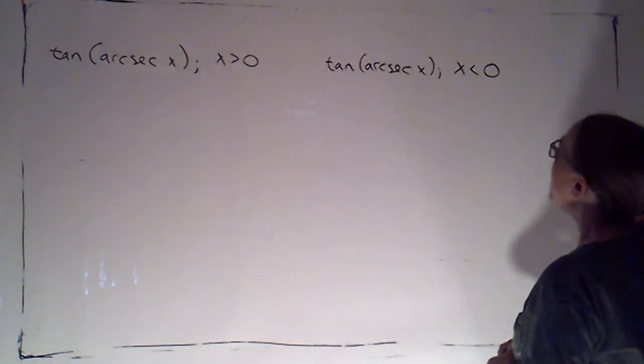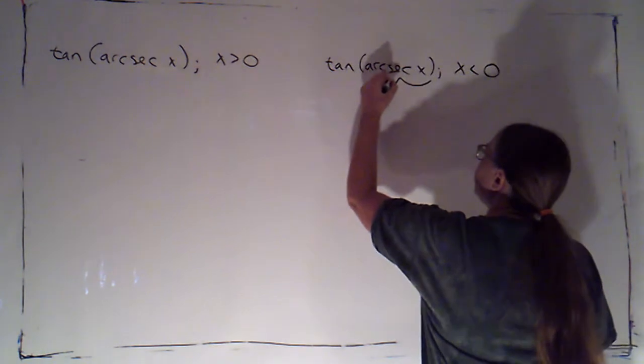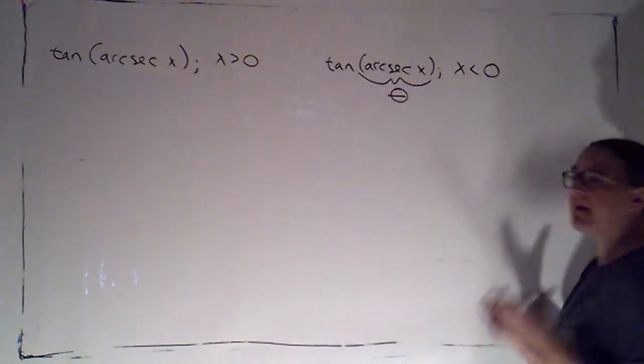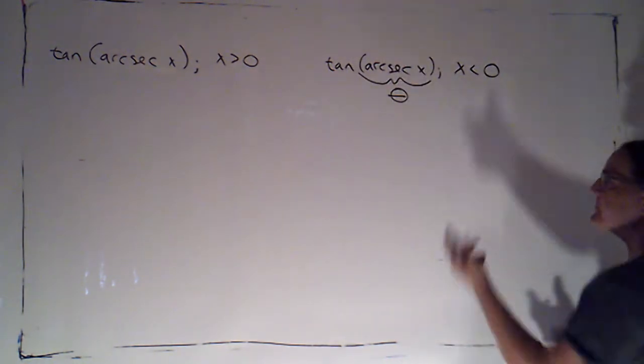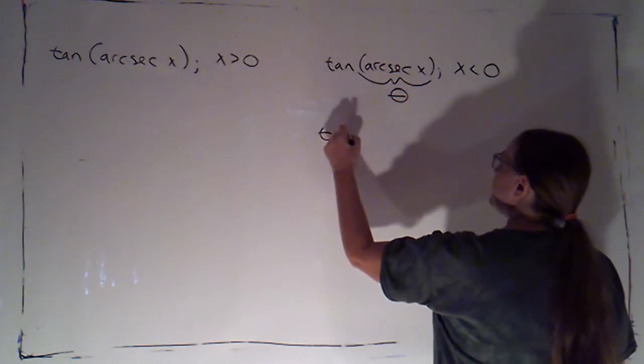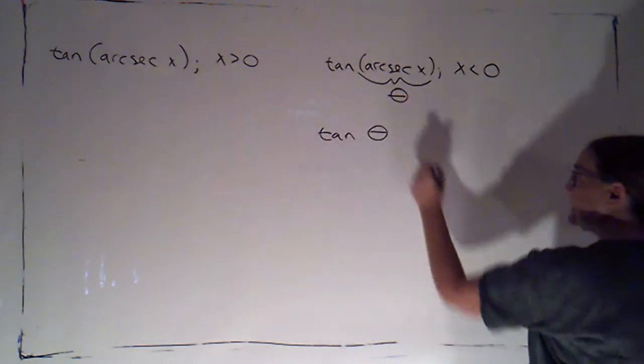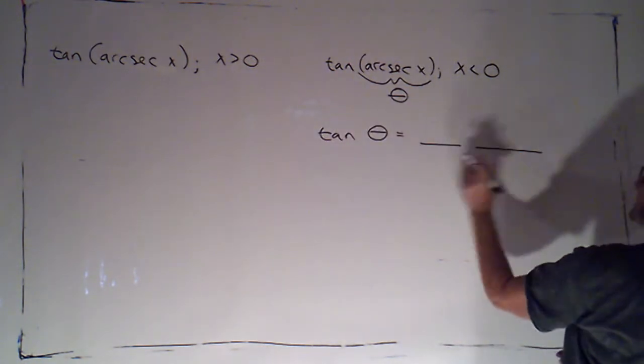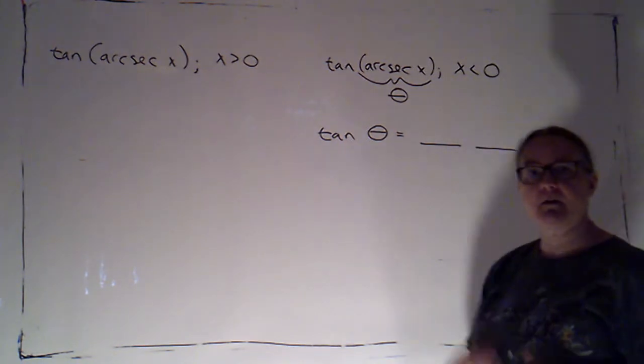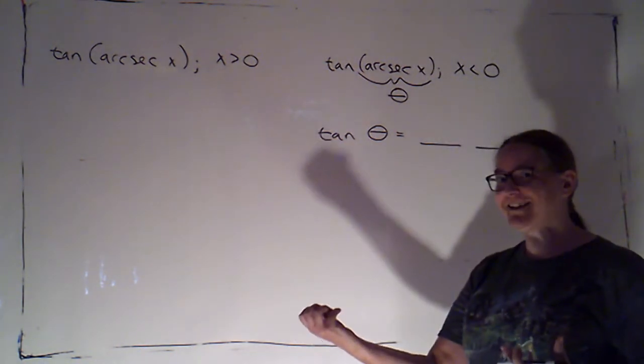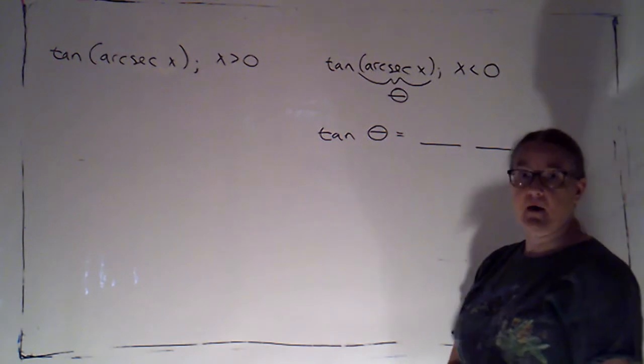All right, so I like to give the inverse trig function a name that makes me think angle. So essentially, we're being asked to evaluate tangent of theta, and I know that's going to be my two-step process. I'm going to figure out the sign based on the quadrant, and then the absolute value based on the reference angle.